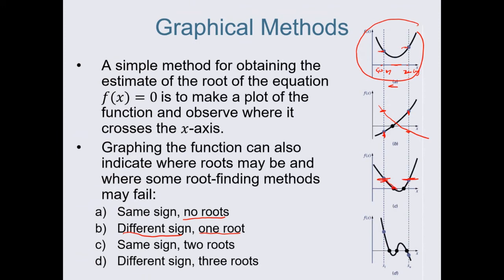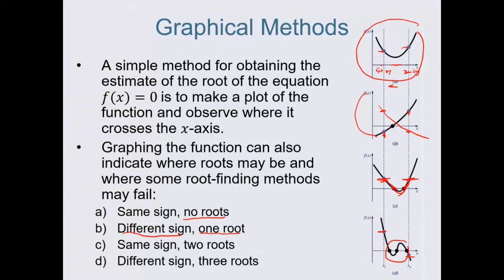So it does cross the x-axis, but it goes down and then crosses again. So you have two roots, not one root. Or you could have a scenario like this repeated, where you have a positive on one side and a negative on the other side, but indeed you have three roots within this interval and not just one root.